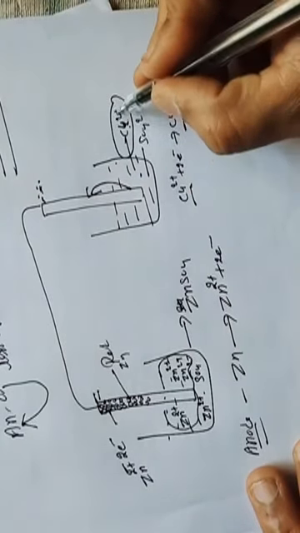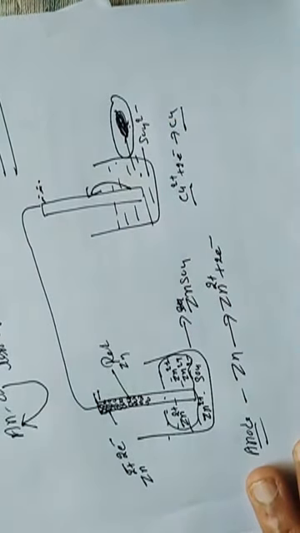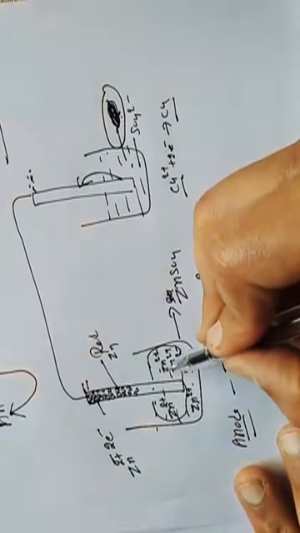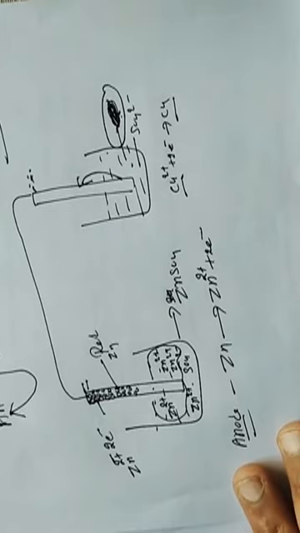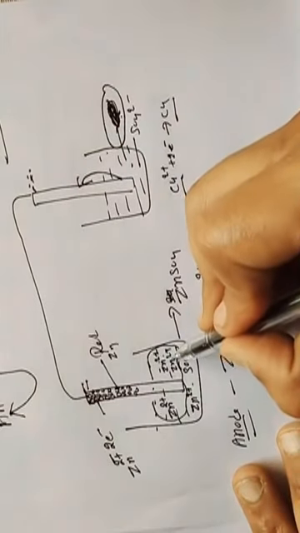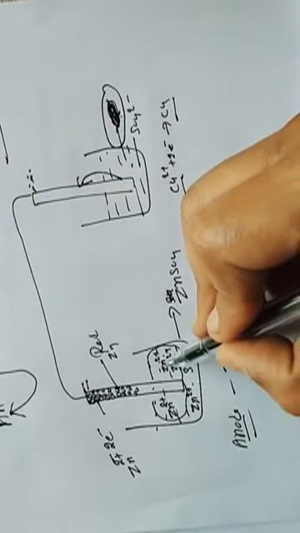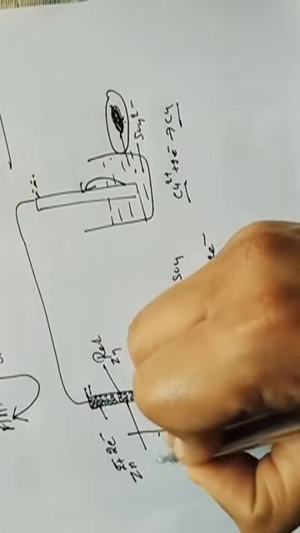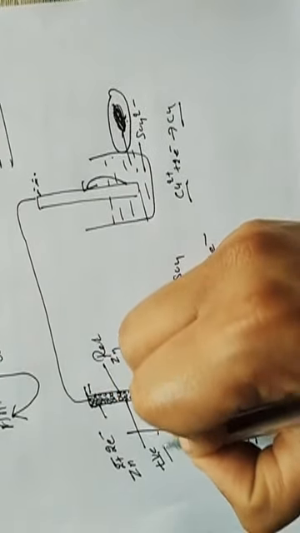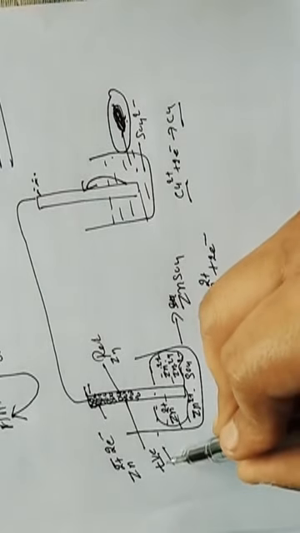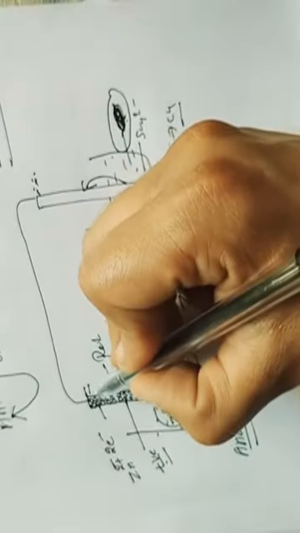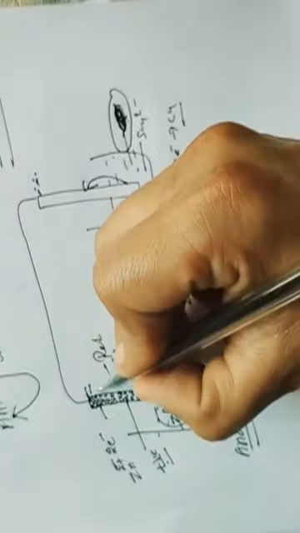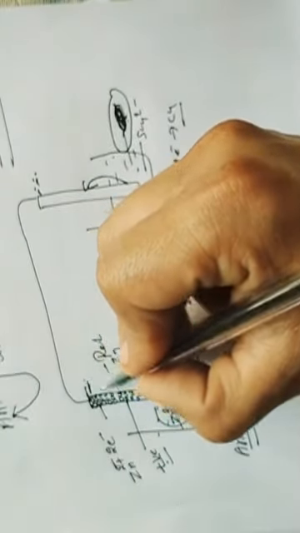So in this solution, Cu2+ will finish, and in the other solution what will happen? Zn2+ concentration will increase. Due to this increase in concentration of Zn2+ ions, this electrode will have some positive charge, and due to this positive charge, the electrons will not move from the anode to cathode, because electrons are negatively charged.